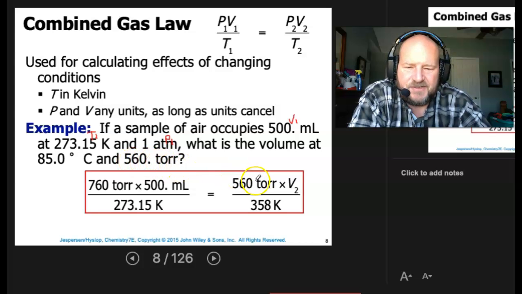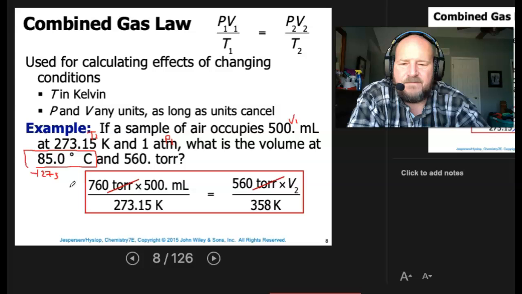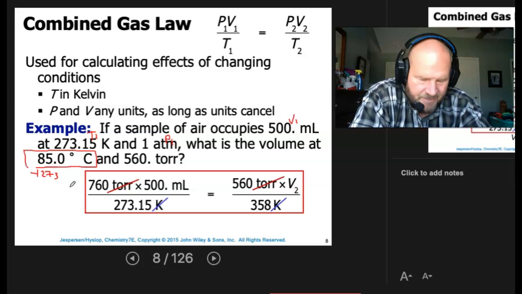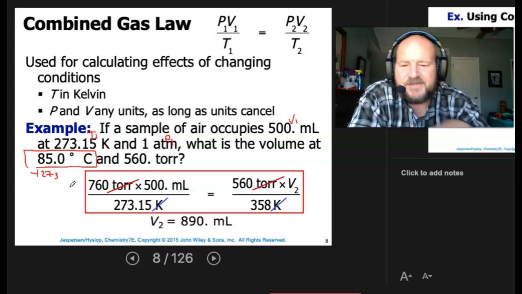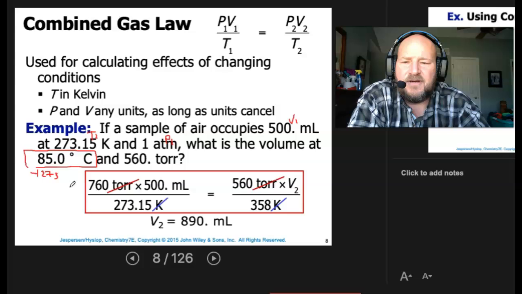So 560 torr goes in. The 358, remember we have to be in Kelvin, and they gave us degrees C here. So we'll simply add 273 to that, and that gives us the 358. Now we can see the torr will cancel out, the Kelvin will cancel out, and we'll be left with milliliters. And so the answer here is 890 milliliters.